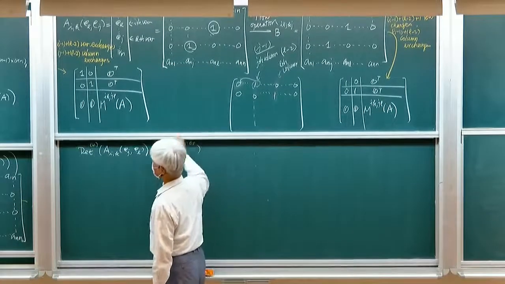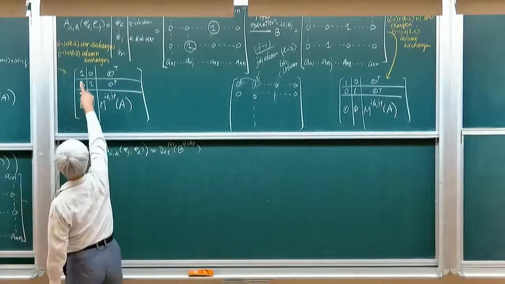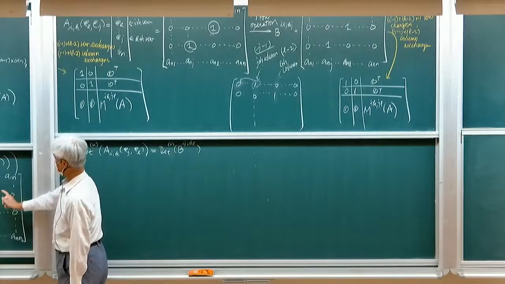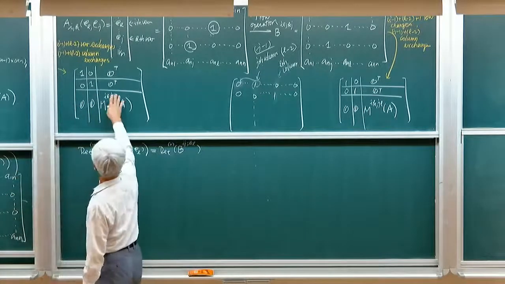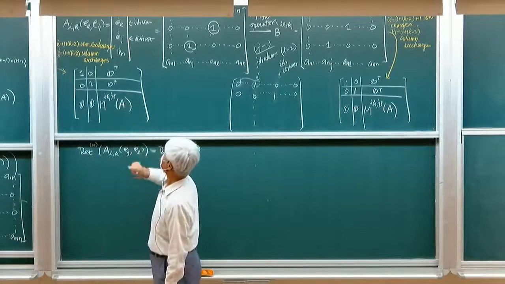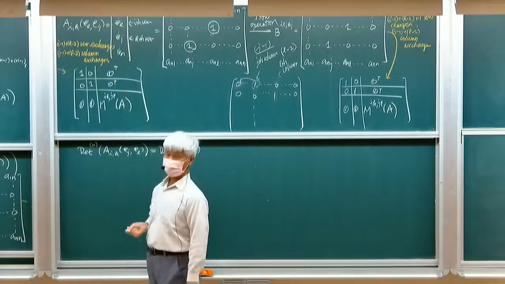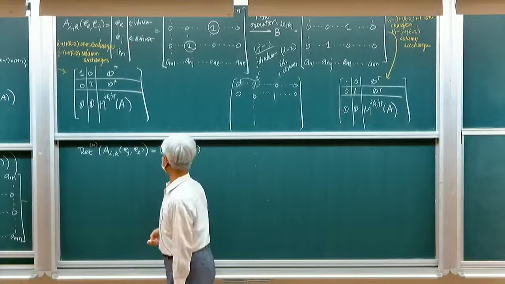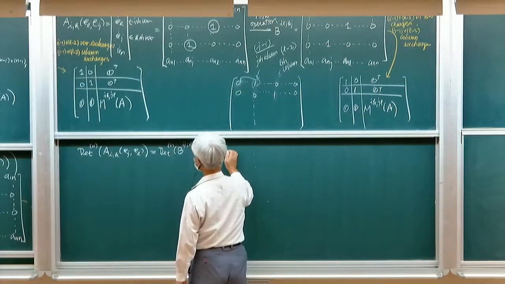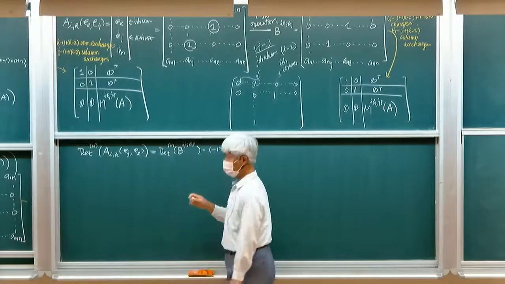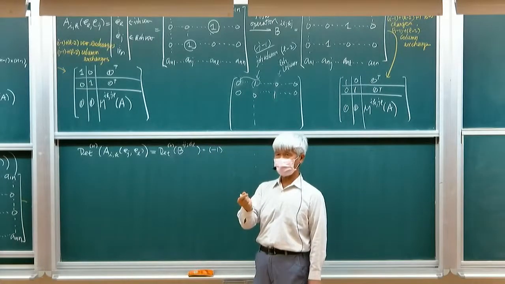But you change this B matrix to this matrix by row exchanges and column exchanges. Every time you do a row exchange or column exchange, you have to change the sign.